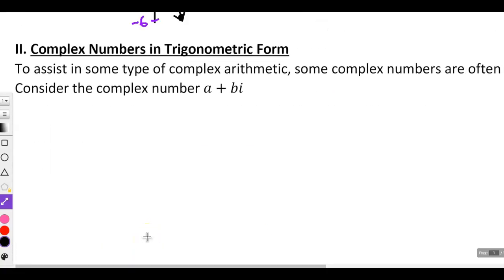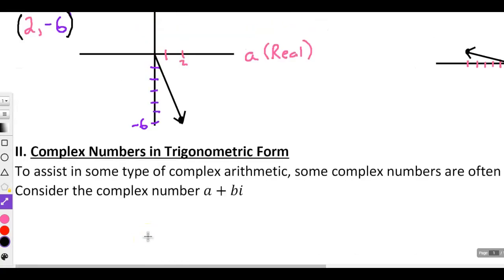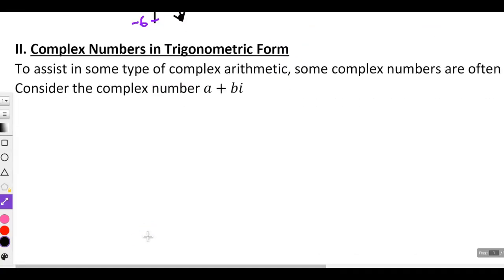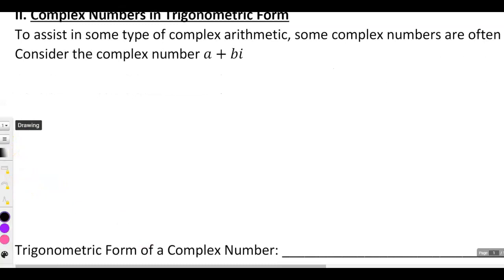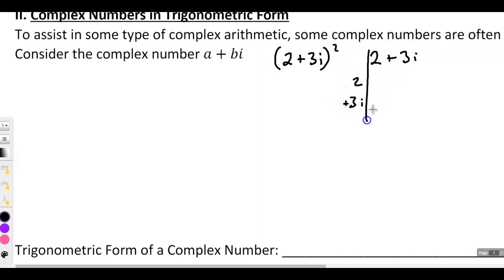Now, the next part is that you saw a little while ago, we started multiplying a lot of imaginary numbers, and I had you do 2 plus 3i and square it, and then you had to do a bunch of work, like 2 plus 3i, 2 plus 3i. Some of you did this box thing.